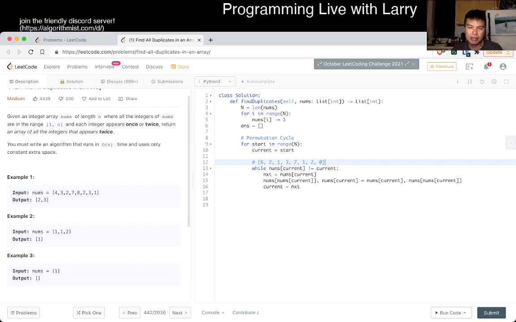Actually, you know what? Maybe that's fine. Maybe what I had before was fine. Actually, we just keep on swapping until we find a dupe. I have the idea, but now I have to think about how to do it quite correctly.